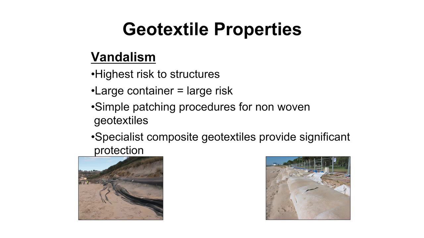From a vandalism point of view, this is where it becomes a little tricky. What we've seen over the years is that this is really the highest risk for any of these exposed structures. Vandalism occurs on every one of our structures that we've done. And like I said earlier, that's pushed us away from the tube structures.